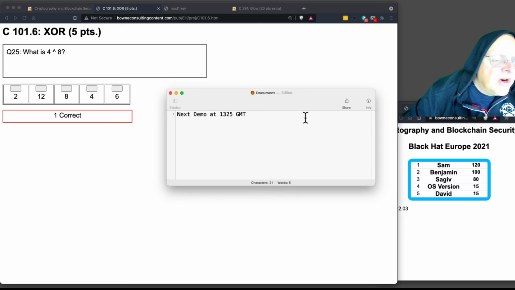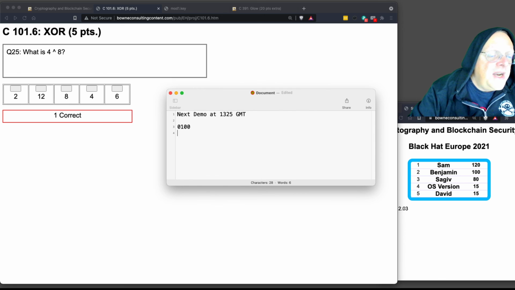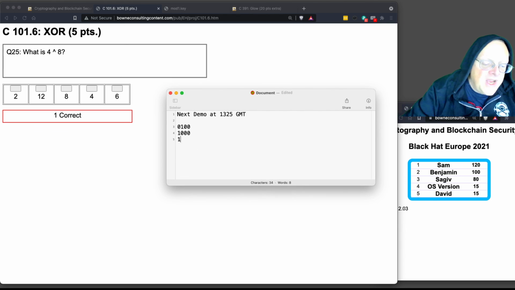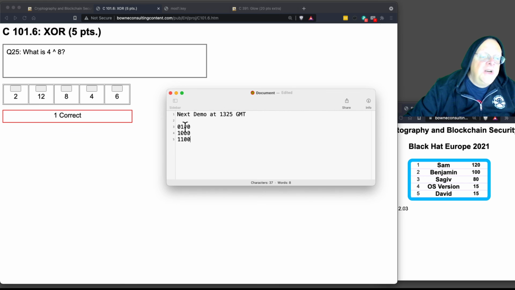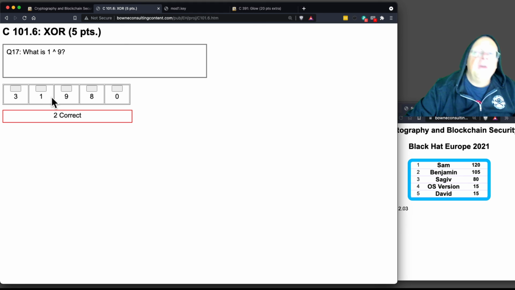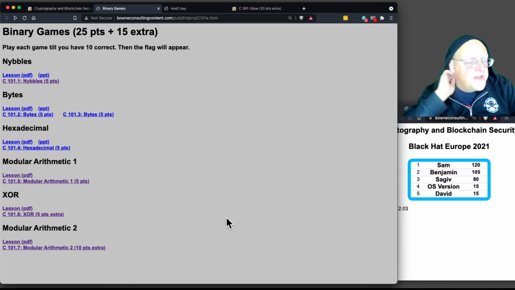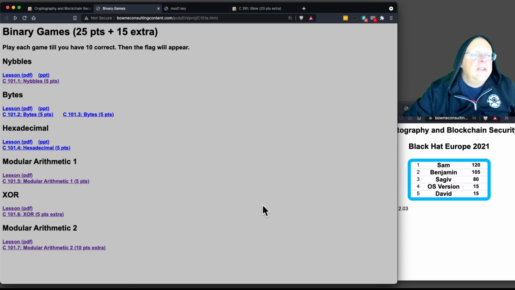So 4 is 0, 1, 0, 0. And 8 is 1, 0, 0, 0. So if I XOR them, I'm going to get 1, 1, 0, 0. And that is 12. So anyway, I mentioned that. If you are not familiar with the fundamental mathematical operations, this is a way to practice it. I'll stop this one.